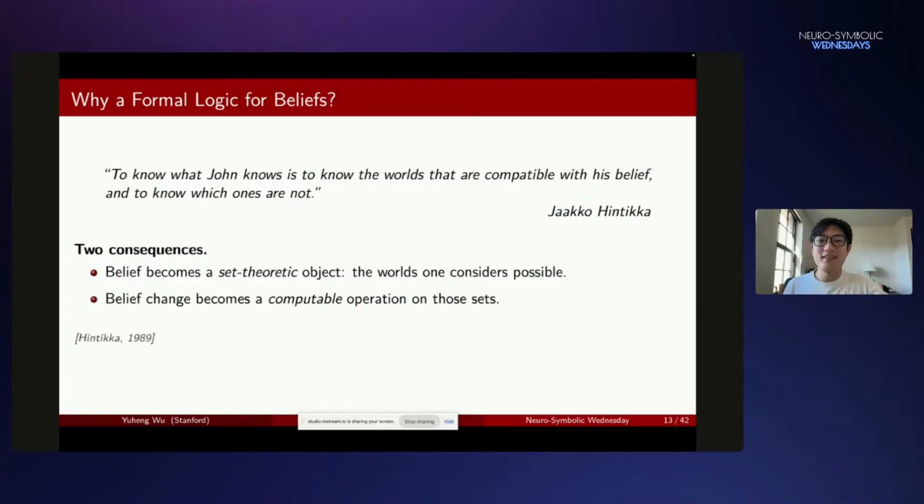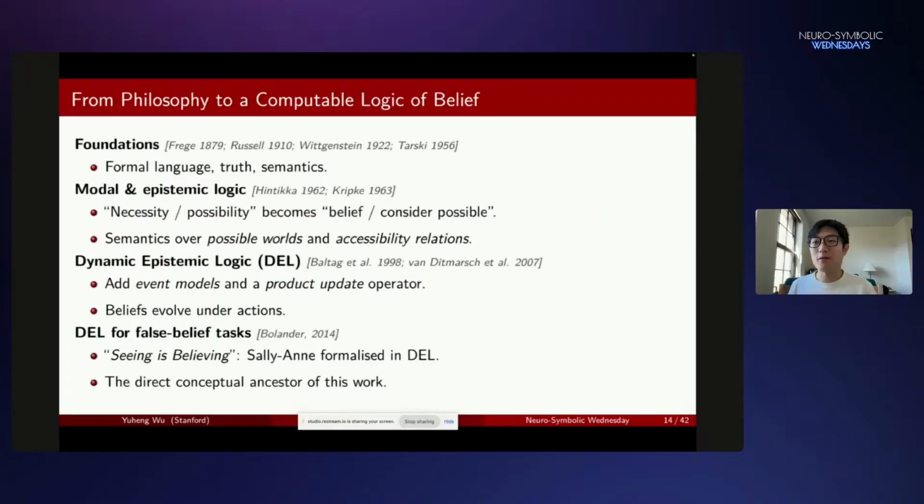Basically, this is a really old school question, and it can trace back to Frege, Russell, about formal language, formal semantics. These are the foundations for the computable logic of belief. Later, Hintikka and Kripke talked about modal logic, modal epistemic logic.